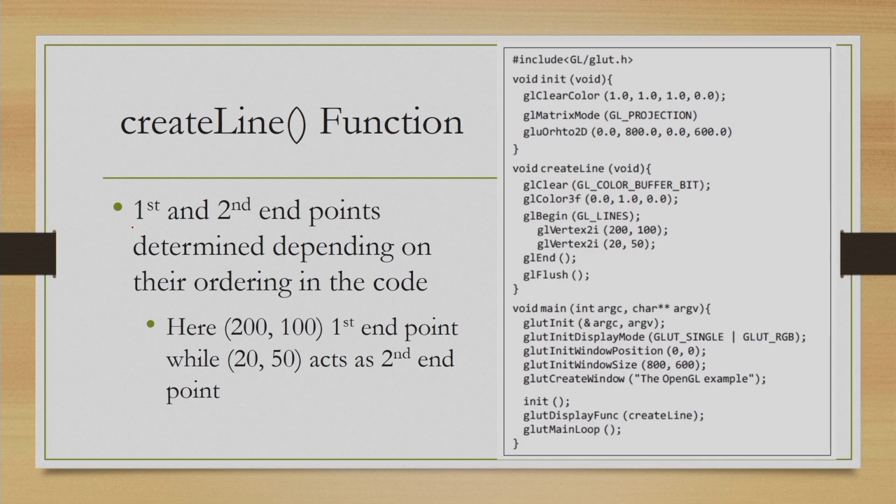Now, the first and second endpoints are determined depending on their ordering in the code. So, this will always be treated as the first point because it appears before the other one, and this will be the second point. In the way the code is written, the first and second points are determined.